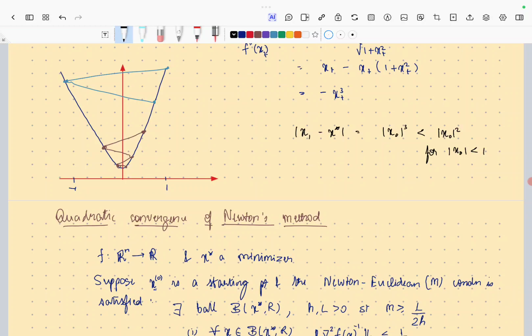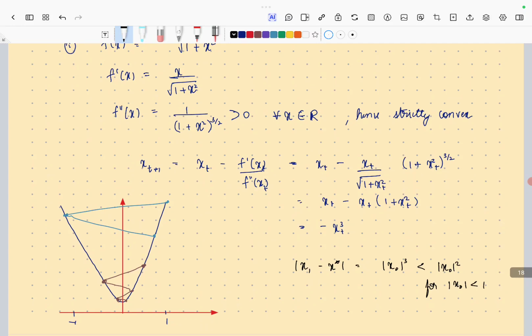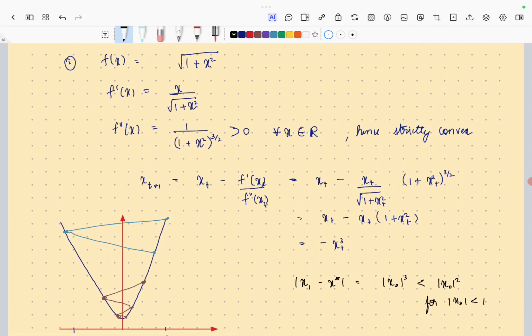But there are other ways of improving Newton's method also. You add a damping term. So the problem that happened over here was that if x is greater than 1, then the second derivative is too large, which leads you to jump back and forth and you go too far away from the minimum.